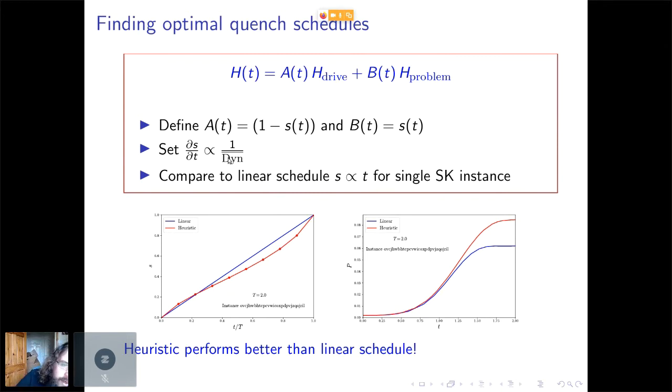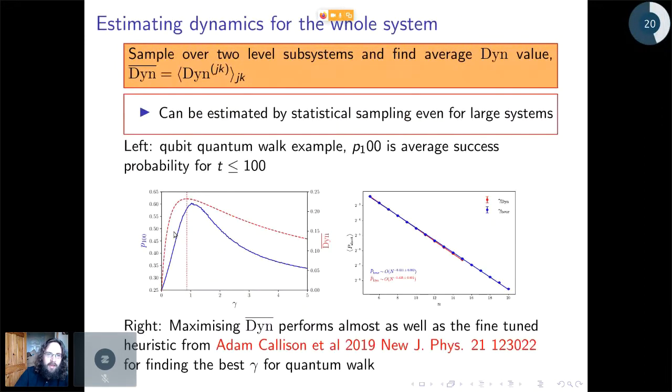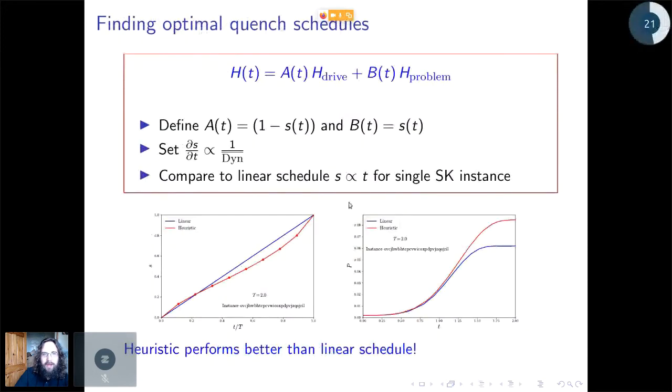Well, if I want to spend more time where there's more dynamics, I have this dyne bar, which is just this quantity over J_K averaged over the different pairs. And I can just change this S parameter, which basically relates to the ratio of these two, defined in this way here. And I can use this to design a protocol for a specific instance.